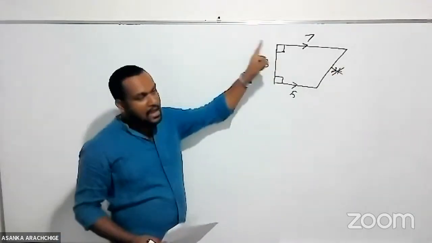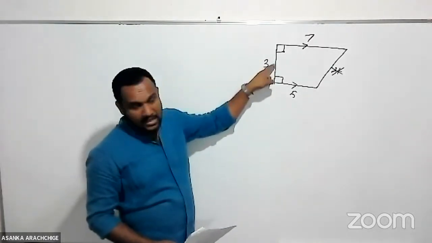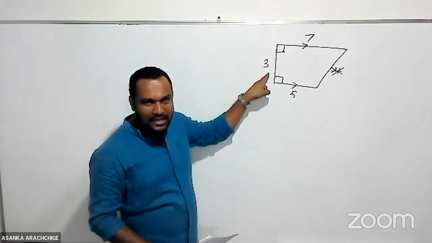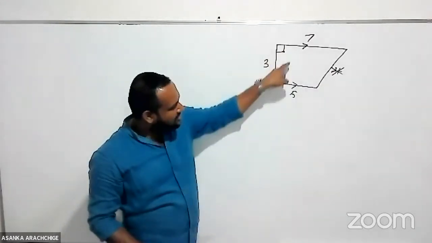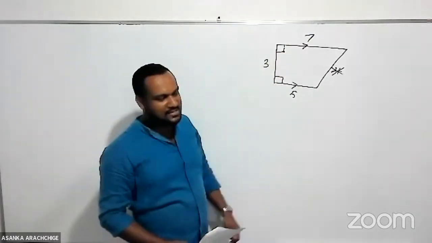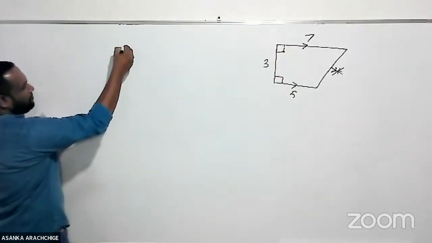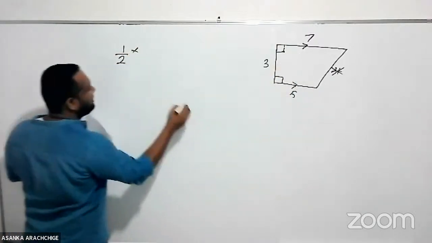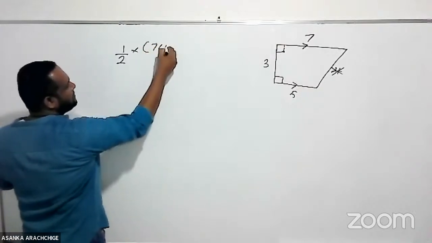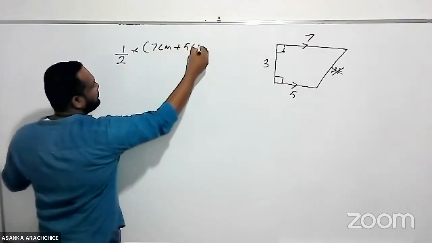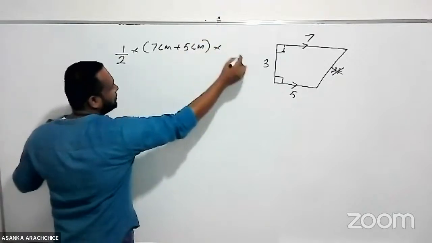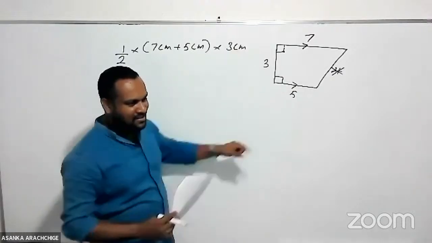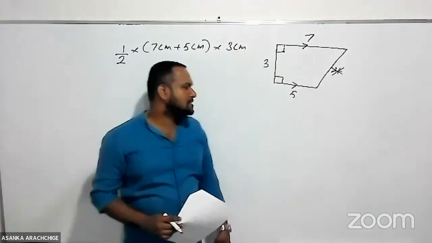Actually this is one of the sides of this trapezium, as well as the length of this side is the perpendicular distance between these two sides. Therefore, area is half into the sum of the lengths of the parallel sides, 7 centimeters plus 5 centimeters, into the perpendicular distance between the two parallel sides.